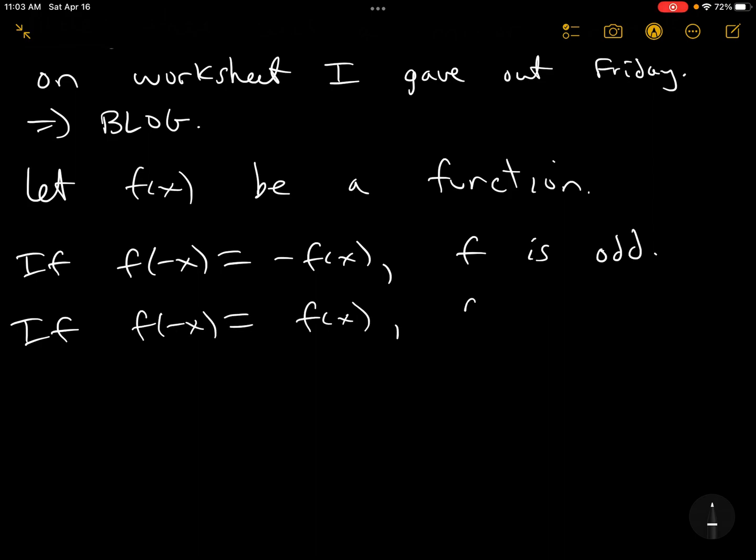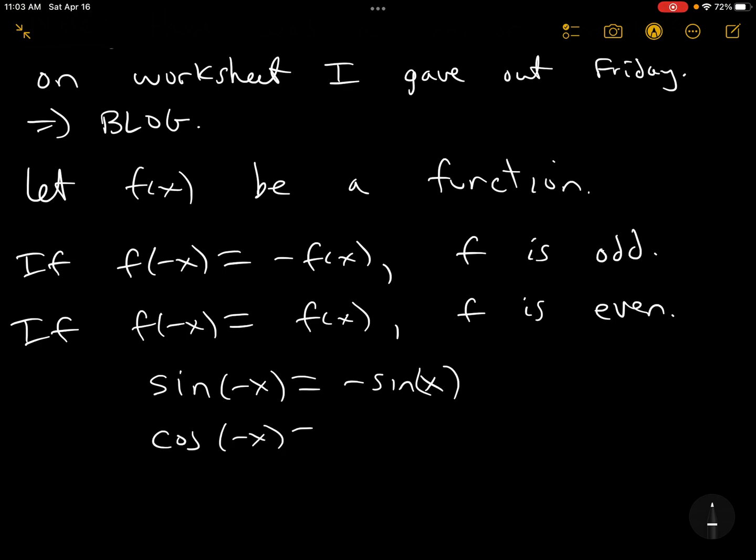And if f of minus x equals f of x, f is even. The two classic examples are sine is odd and cosine is even. So if you take the sine of minus x, it's minus sine of x. And if you take the cosine of minus x, it's cosine of x.